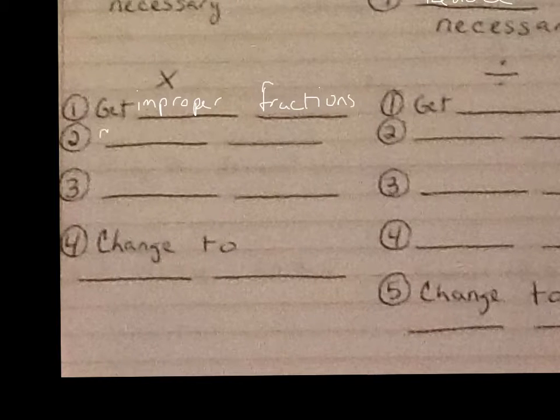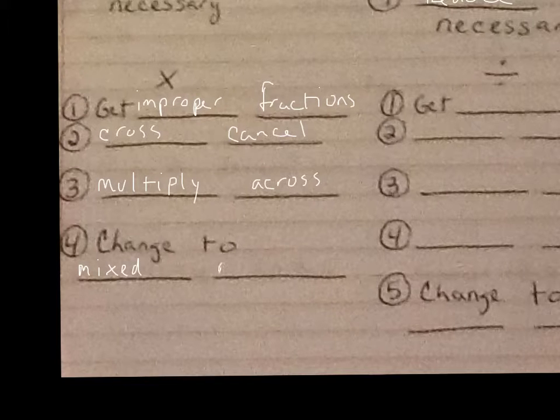You can cross cancel if possible. And then after you cross cancel, step 3, you're going to multiply across. And then finally, once you're all done, if you do have an improper fraction, you're going to change it to a mixed number.